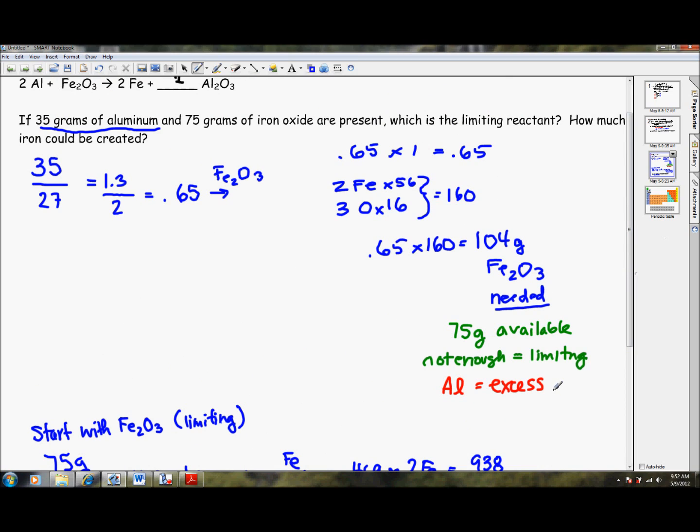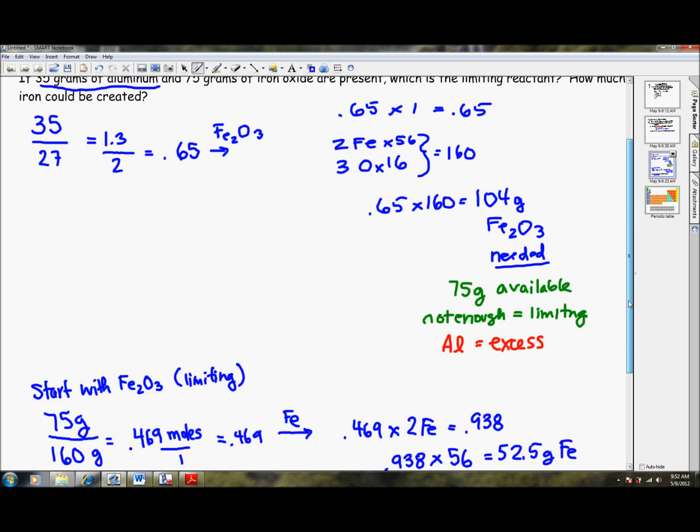The reality is that sometimes, in this case I picked aluminum randomly, aluminum turned out to be the excess. You might pick iron oxide to have started the problem, and you would end up finding out exactly how much aluminum would be needed. So sometimes you're going to get a shortcut version of the problem, and sometimes you're not. It's just the luck of the draw.